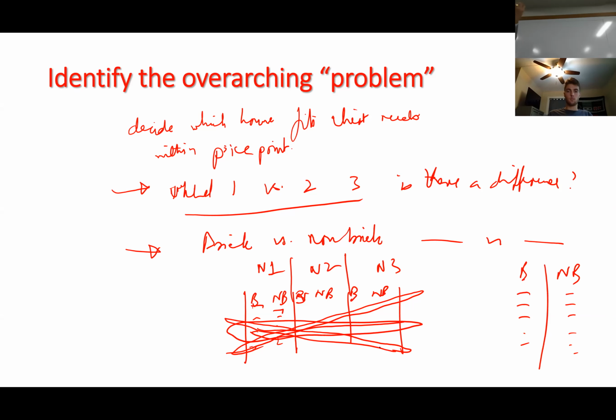One from a brick neighborhood, maybe another in neighborhood 2, which is non-brick, maybe another in neighborhood 3 that's non-brick, and they have very similar pricing. What changed? That's where the square footage, the bedrooms, the bathrooms, and all of those things eventually help the client come to a decision point. Yes, no?